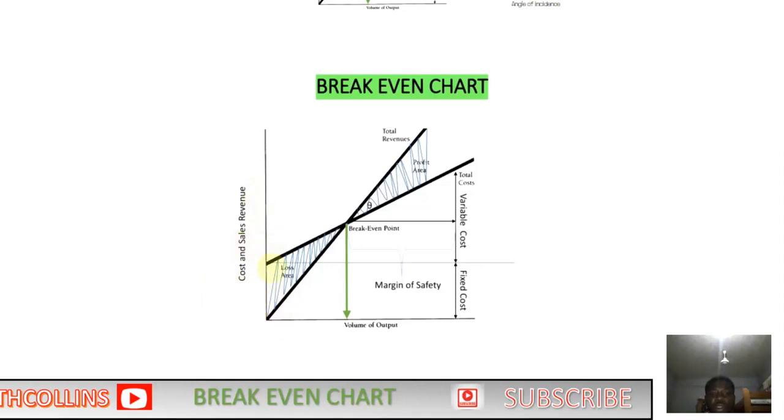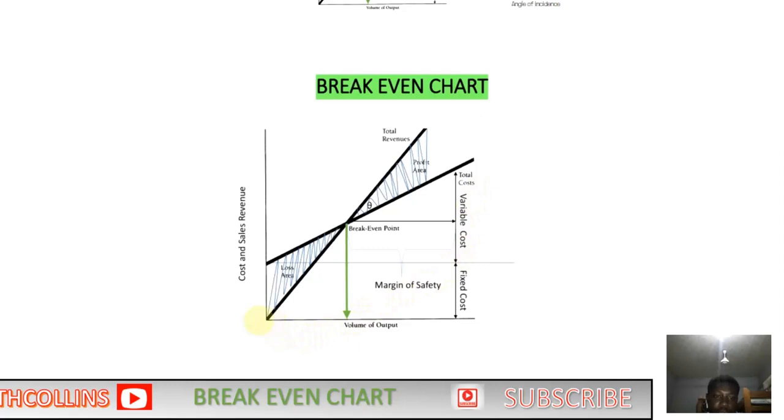And sales revenue is the money realized from the sales of goods, or from the production of goods. So let me explain the total cost line, and this is the total cost line. The total cost line involves both fixed costs and variable costs.